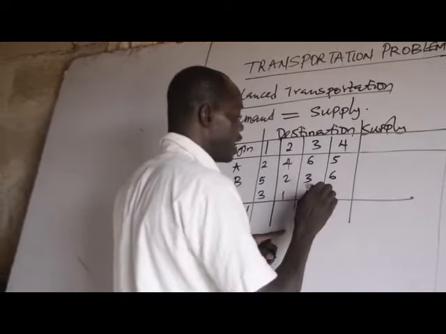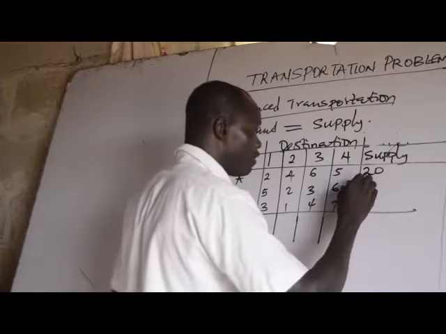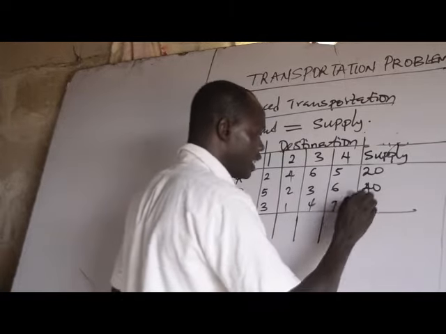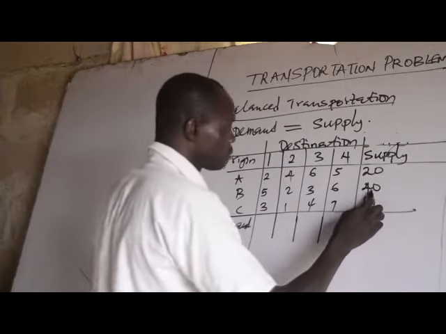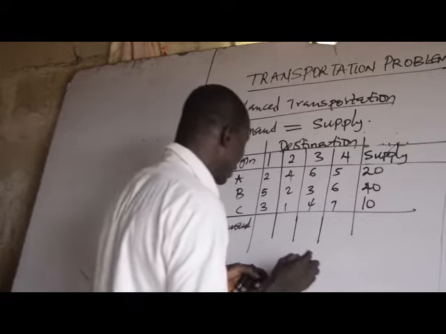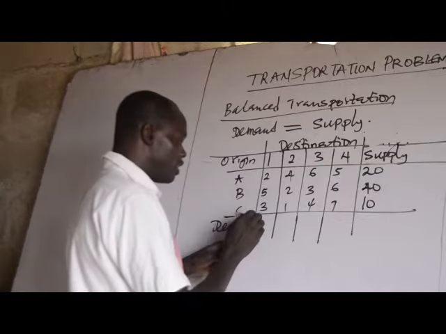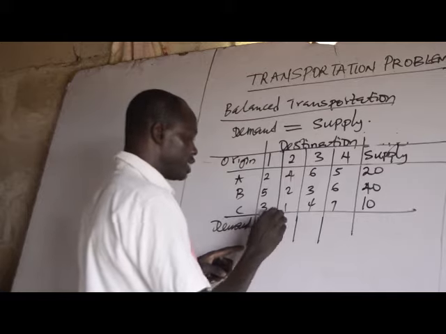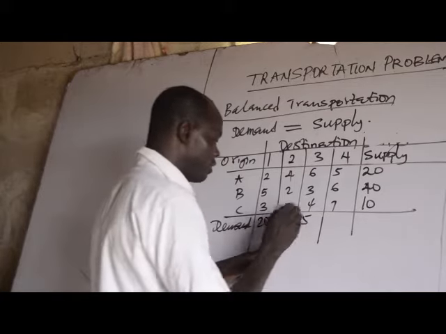Then supply. Here maybe 20 units were supplied. Here maybe you have 40. Here you have 10. If you add it together, 20 plus 40 is 60, plus 10 is 70. Suppose you have demands of 20, 30, 5.